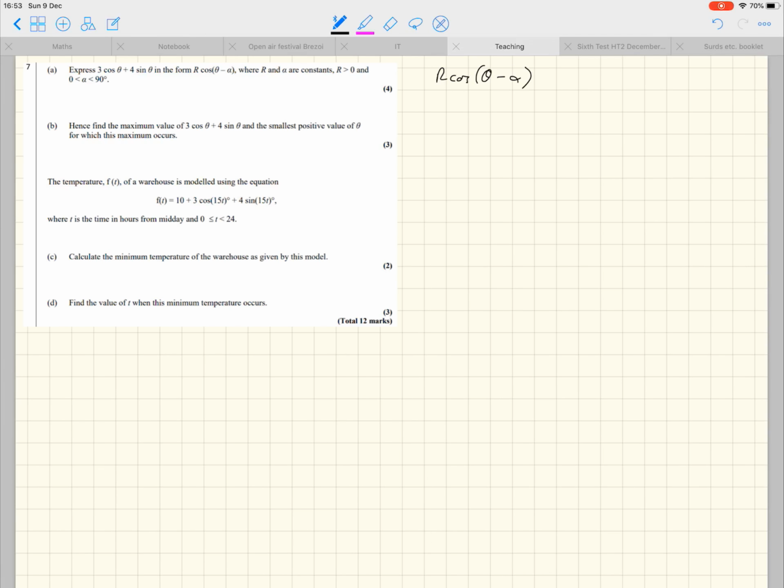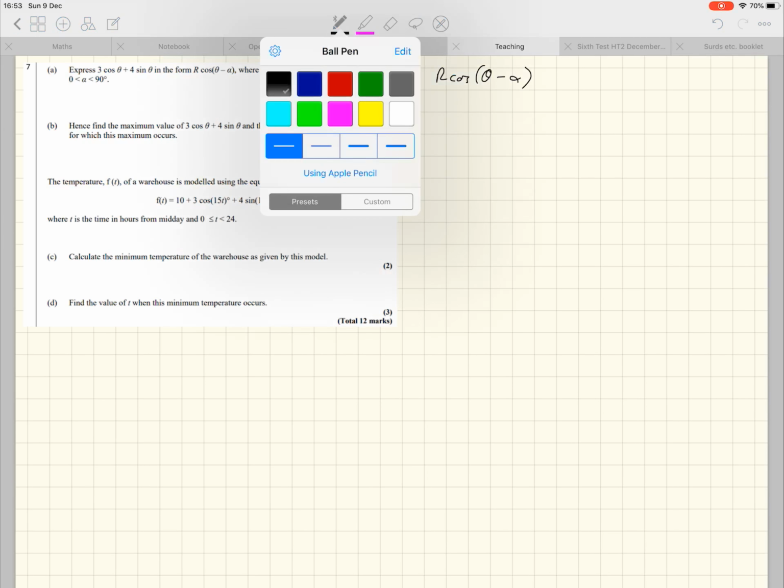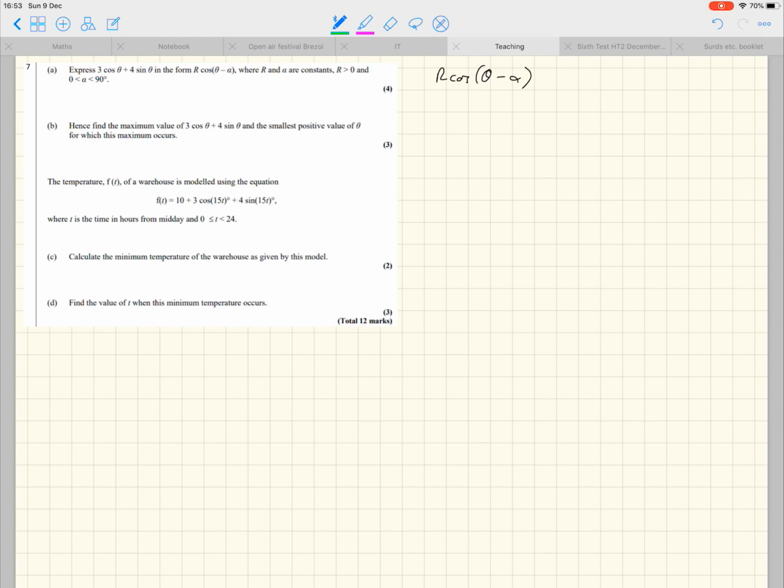Now, if you look in the formula book for the compound angle formula for cos, we find, let's use red, that cos(A minus B) is equal to cos A cos B plus sine A sine B. And therefore, the expression we've been given, r cos(theta minus alpha), can be written r cos theta cos alpha plus r sine theta sine alpha.